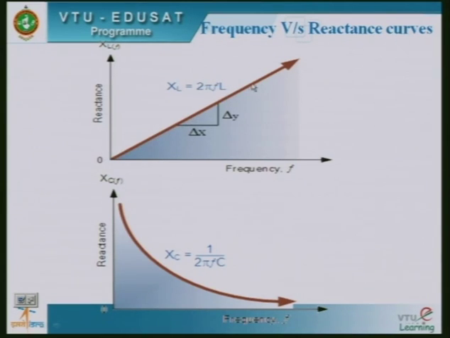If you plot a graph between them, it is linear and looks like a straight line. As frequency increases, inductive reactance also increases. It reaches infinity, and finally the circuit behaves like an open circuit.